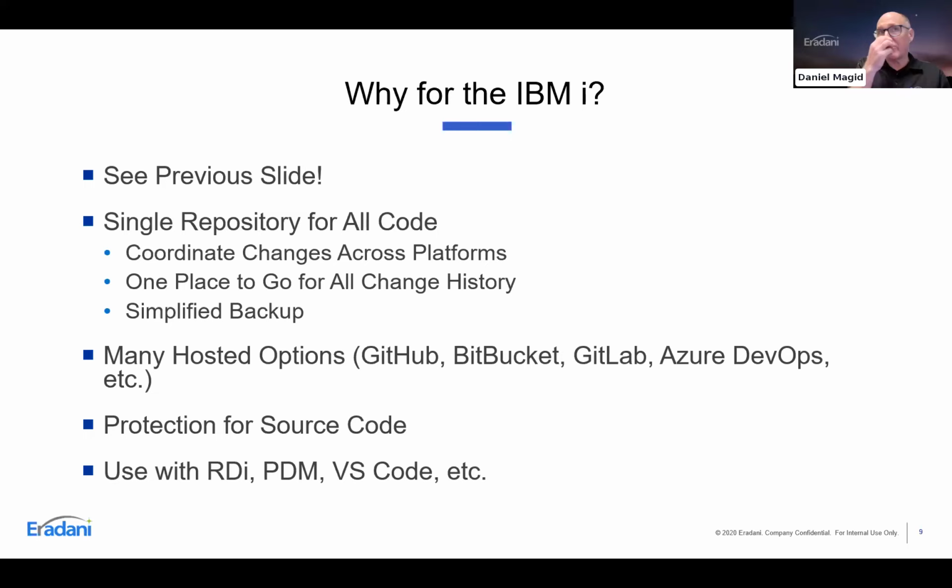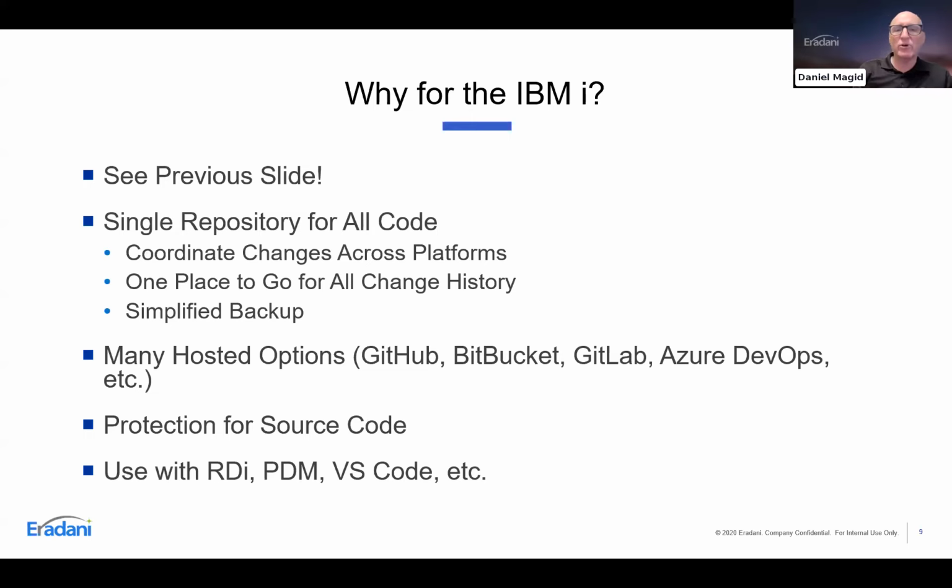If you're using something like GitHub or Bitbucket or one of the online repositories, then you automatically have a backup of your source code. And one of the nice things about that, if God forbid something gets corrupted on your IBM i in your source repositories, you can always go up to the cloud-based repository and pull it all down again. So it has all that code.